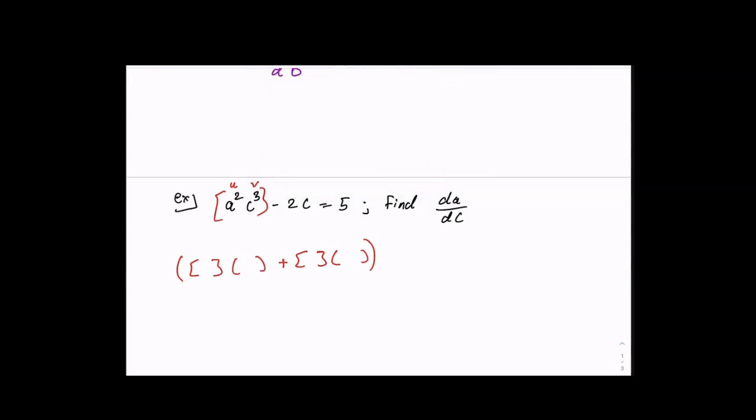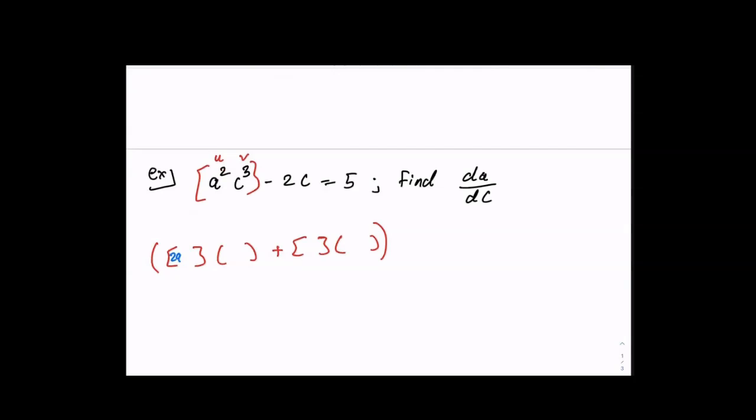All right, what do I get? 2A divided by C to the third power. No. Isn't it U prime V? Yeah, so what's U prime? Yeah, U prime is 2A. No. Oh, times dA over dC.